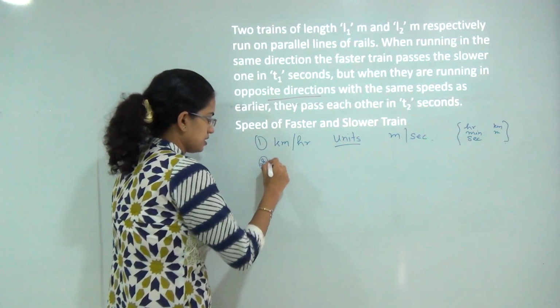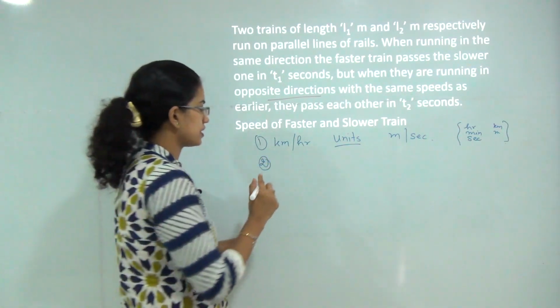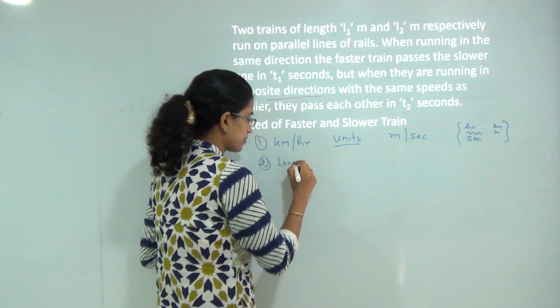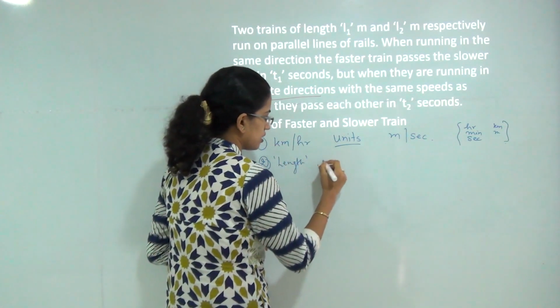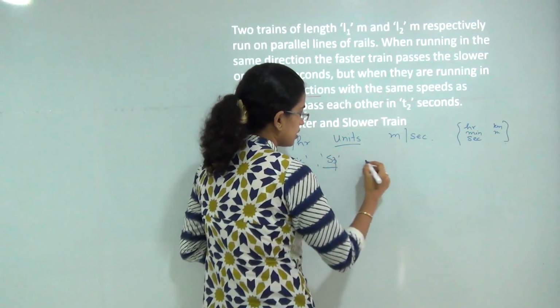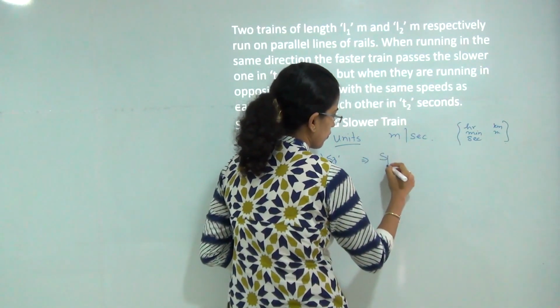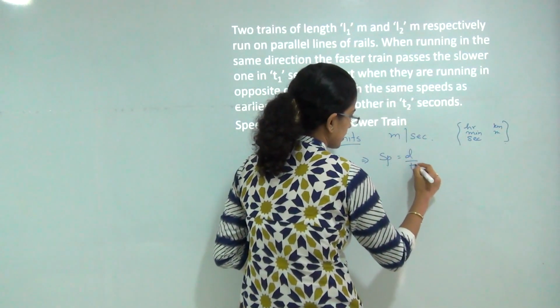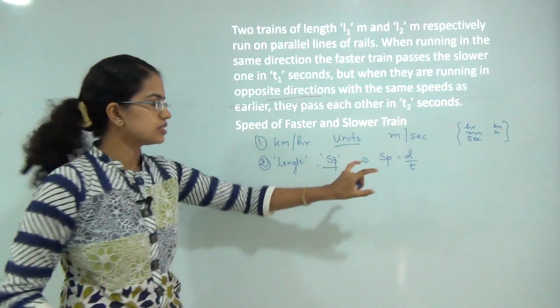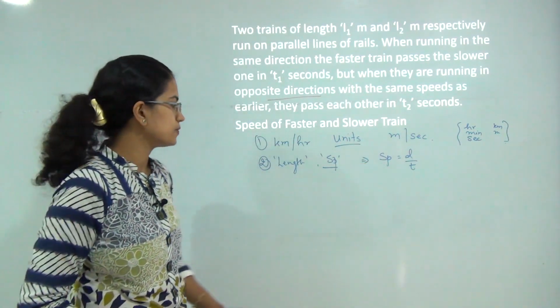The next is, you must be sure whether you are trying to find out the length or the speed. In either case, you must know the formula, speed is equal to distance by time. So whatever is asked, you can just substitute here and you can find it out.